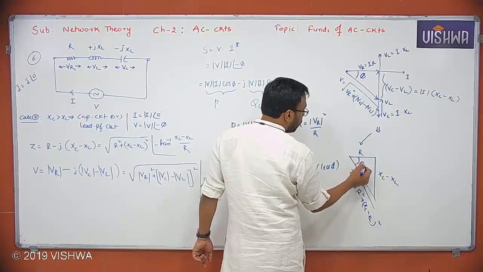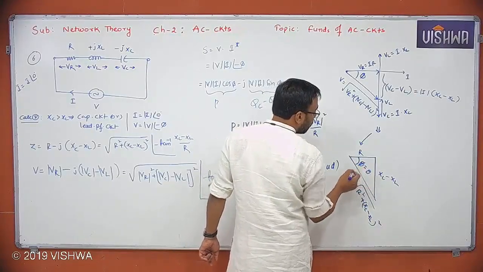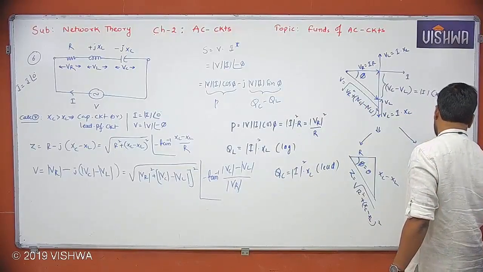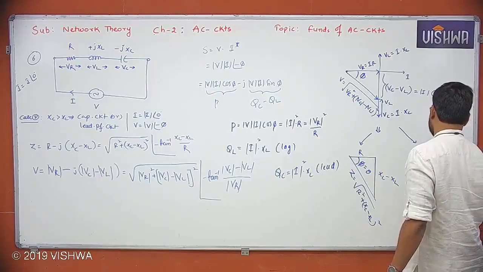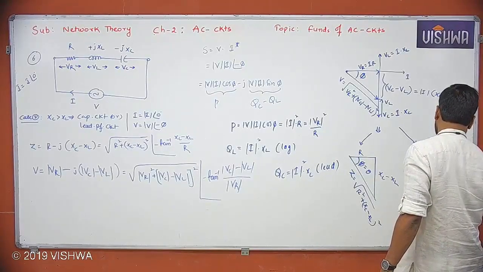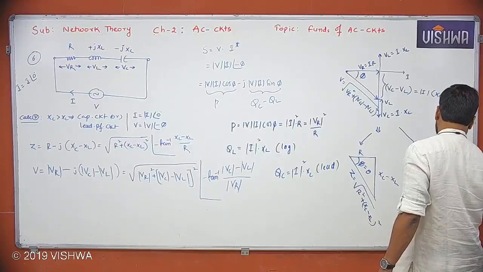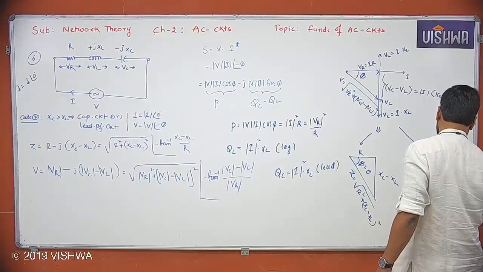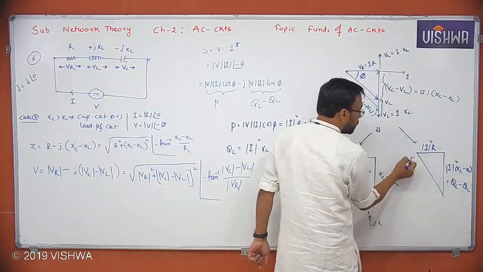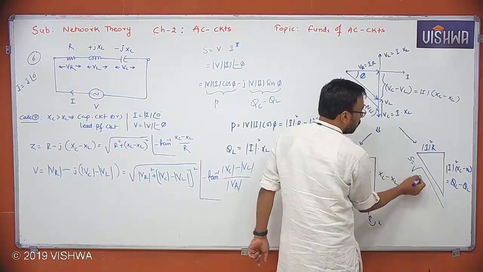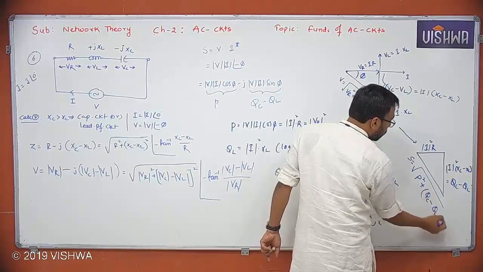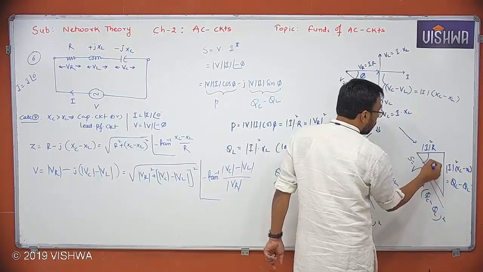You people can do it easily. This is phi as well as theta, both are same. Multiplying each phasor by I: I square R, then I square XC minus XL, nothing but QC minus QL. Next, S is equal to root of P square plus QC minus QL whole square, at angle phi.